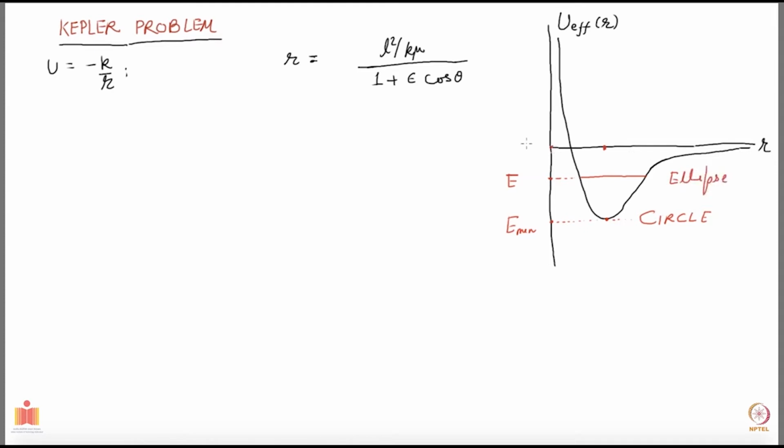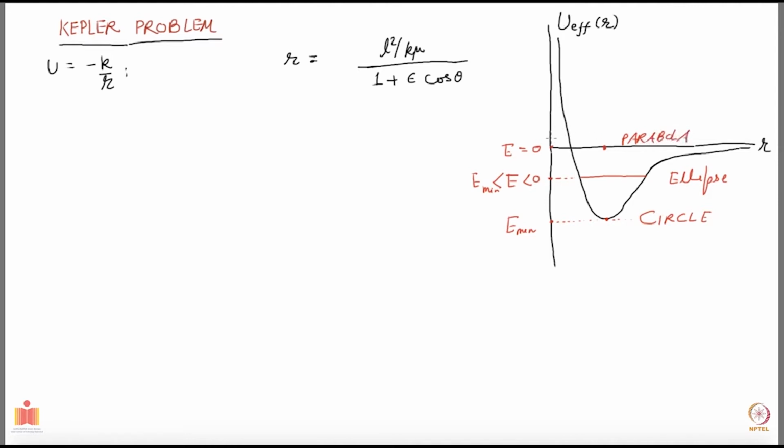If your E is equal to 0, recall that you get a parabola. You see, it comes here and then it returns and goes towards infinity and never comes back. So this leads to a parabola.